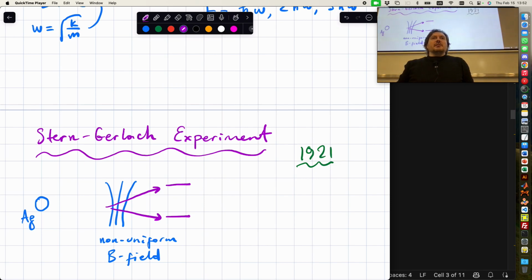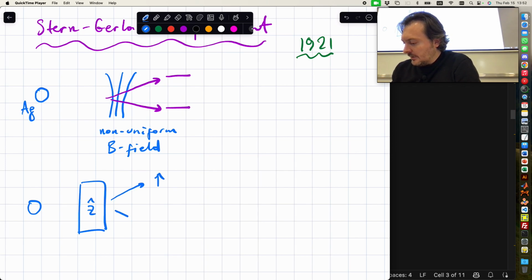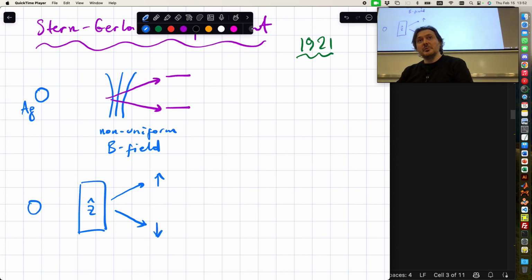Do you have any ideas? So this time I have filtered. I sent an object that I didn't know what it was. I measured it in the z direction, and it came out as up and down. Let's say we are okay living with this.